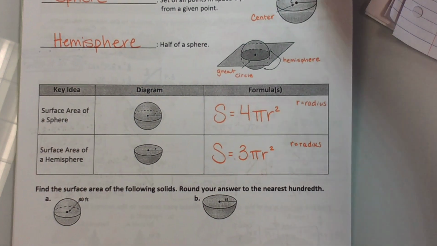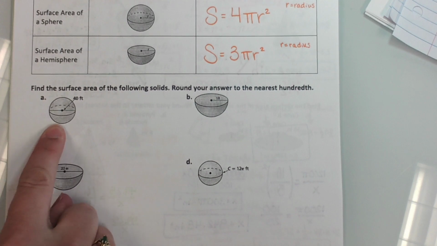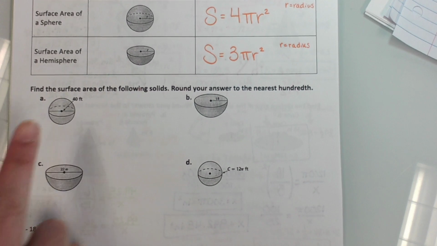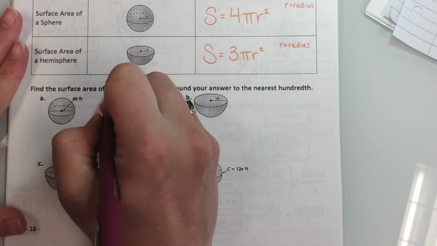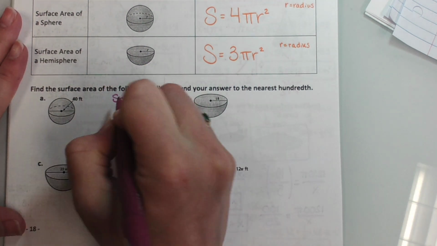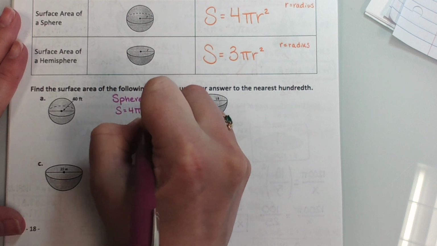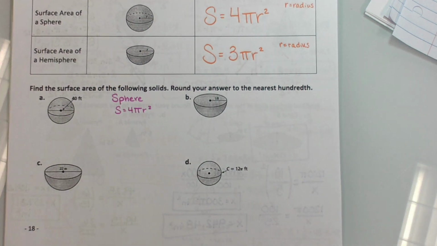Okay, so we're finding the surface area of some spheres and some hemispheres. What shape? Full sphere. We're looking for surface area, so 4 pi r squared is the formula. We need the radius. Do we have it?